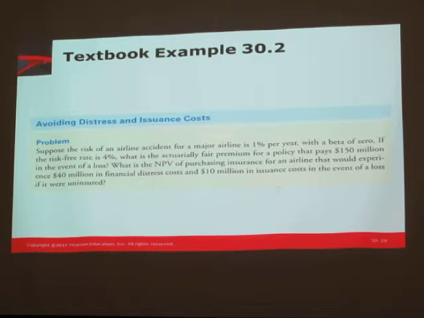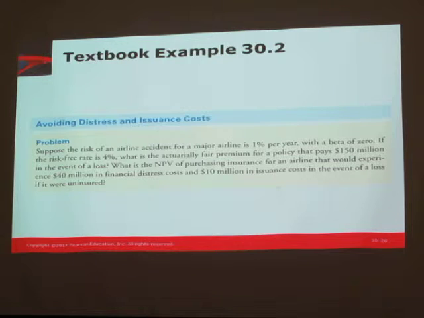Divided by 1 plus the risk-free rate, which is 4%. Now, the question is, what is the net present value of purchasing insurance for an airline that would experience $40 million in financial distress costs and $10 million in issuance costs in the event of the loss of its insured? Okay. So first, that was an airline accident.